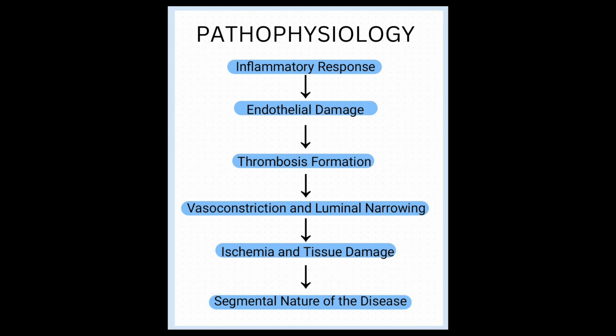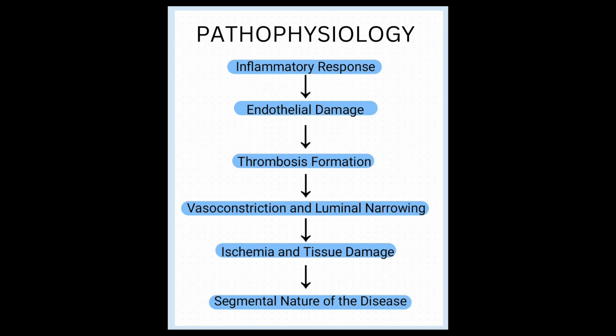There is an increased tendency for blood clot formation or thrombosis within the affected vessels. The clotting occurs in a segmental and recurring pattern, leading to the characteristic ischemic changes observed in thromboangitis obliterans.